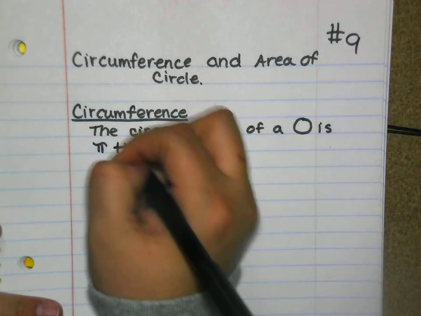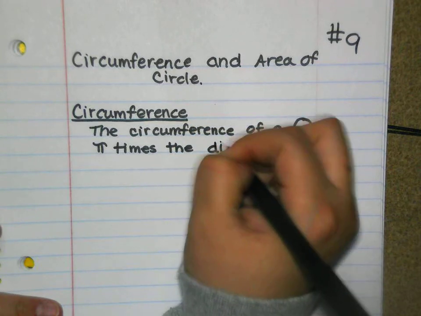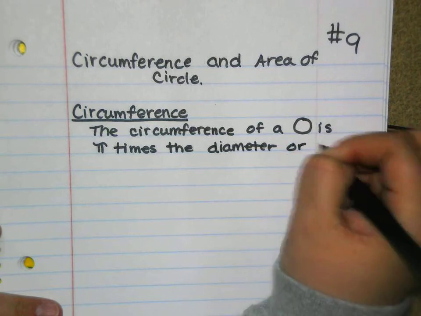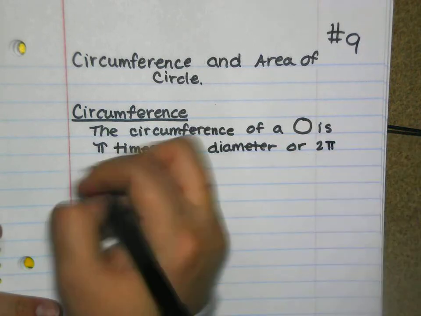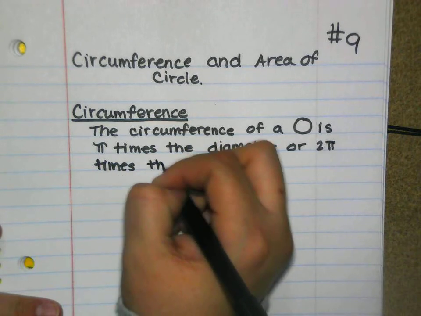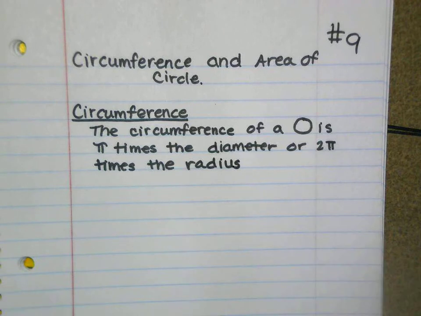pi times the diameter, or 2 pi times the radius. And sometimes it's a little hard to understand in words, so let's go ahead and write that out as a formula.